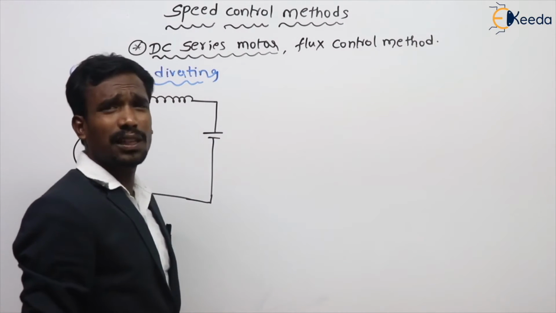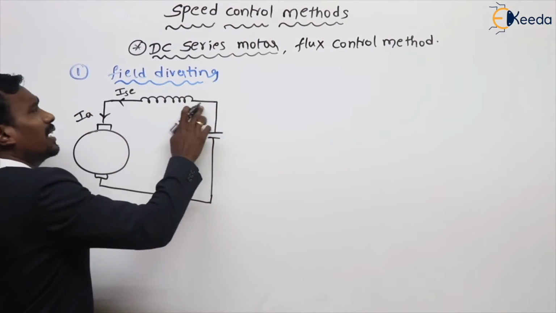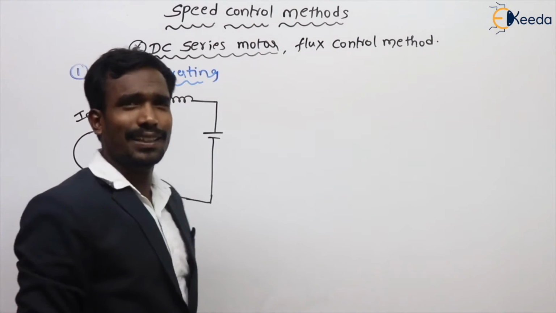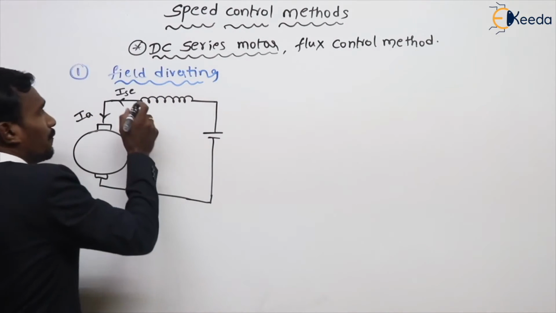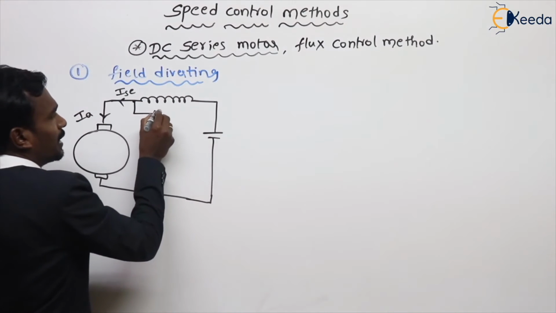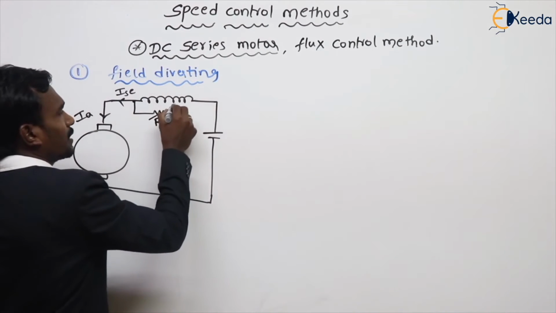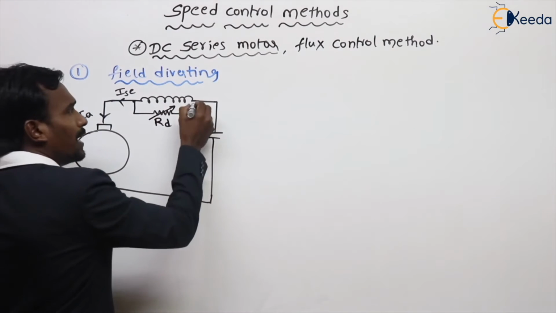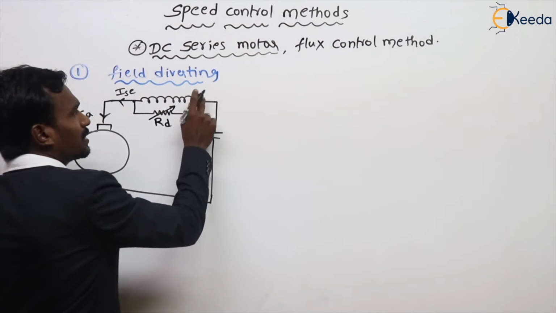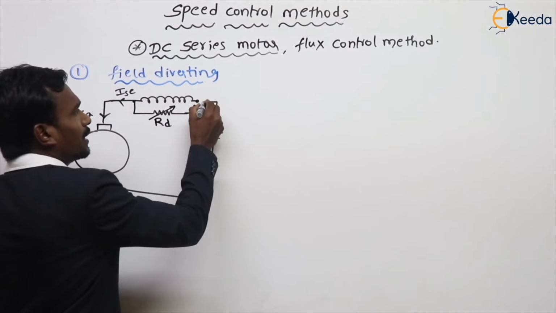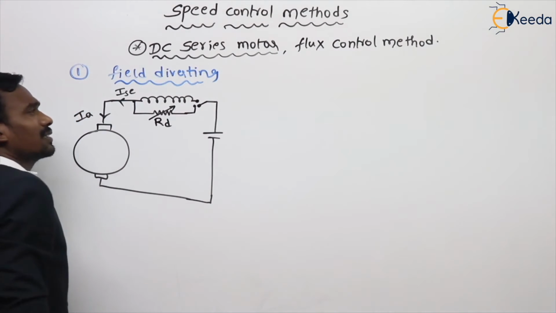How is it possible, sir? If you take a resistance here, it will affect the armature current also. That's why for that purpose I am taking an extra resistance called the diverting resistance. By changing the diverting resistance, we can make it easy.